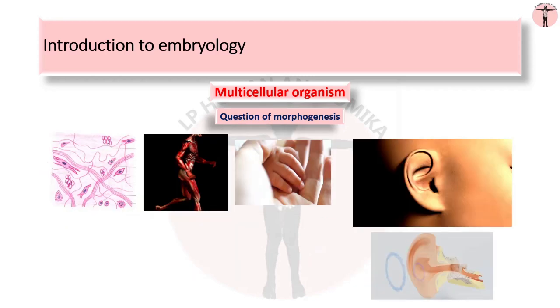The second question is of morphogenesis. Our differentiated cells are not randomly distributed. Rather, they are organized into intricate tissues and organs. These organs are arranged in the same type of orderly arrangement in each one of us. The muscles have the same shape and numbers in each region or part of the body.